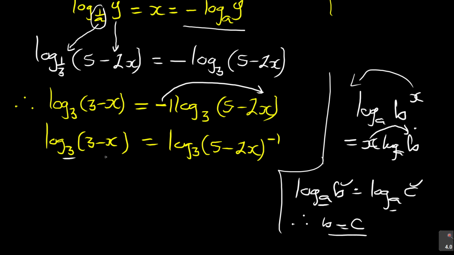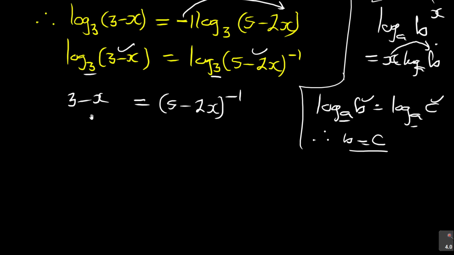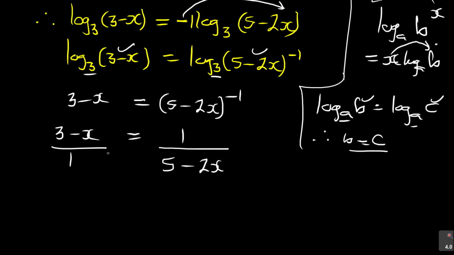Even here the bases are matching, it means that bracket, which is 3 minus x, is equal to that bracket, which is (5 minus 2x) to the exponent negative 1. Then I have to solve for x here. And how do I solve for x here? That negative 1 is the same as saying 3 minus x is equal to 1 over (5 minus 2x). See that? Then I say over 1, cross multiply here.